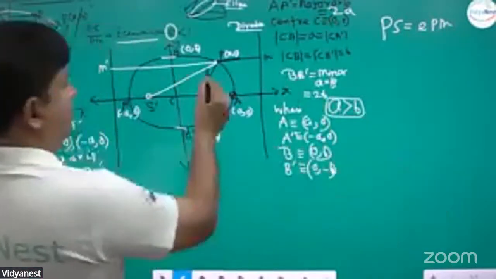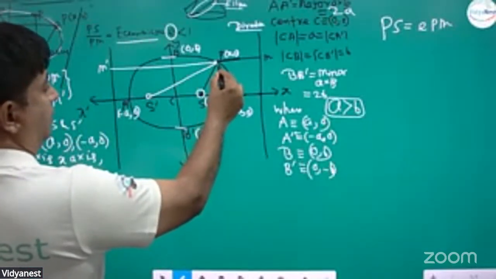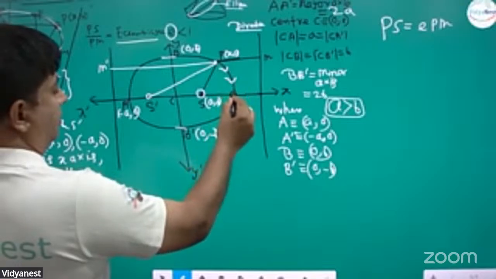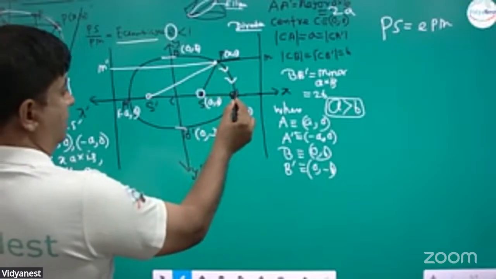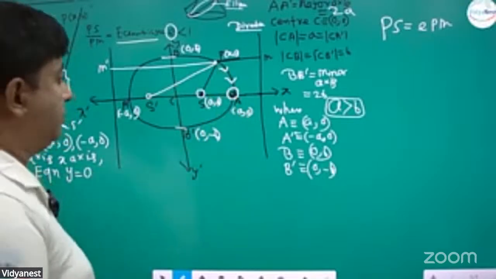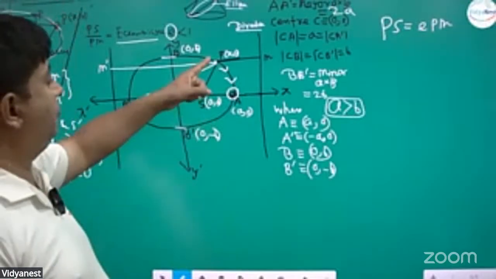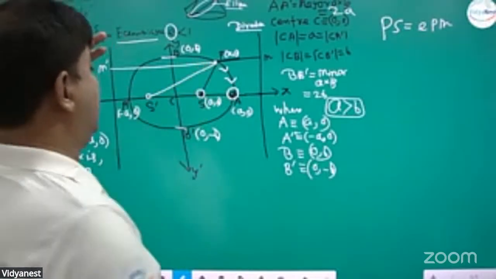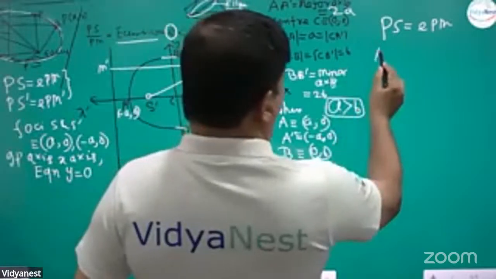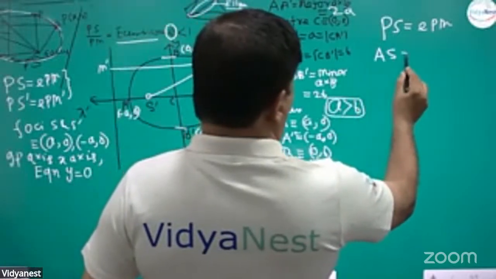Now, P starts to move in this direction, and once it reaches A, means P will fall on A. So instead of P, what can I write? A's.